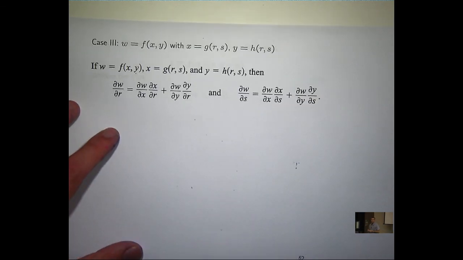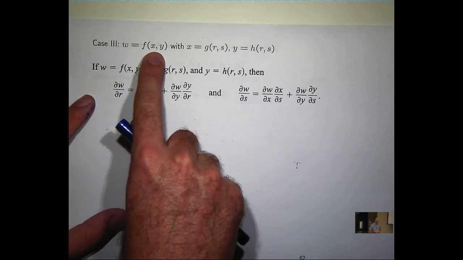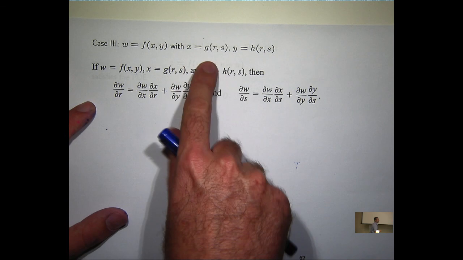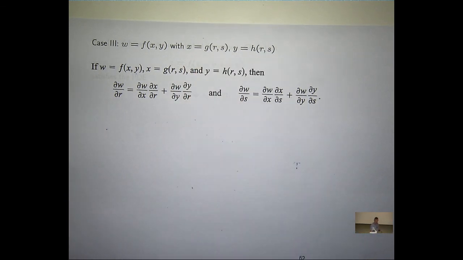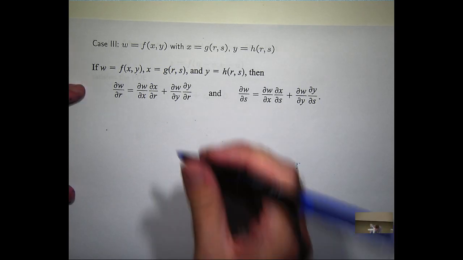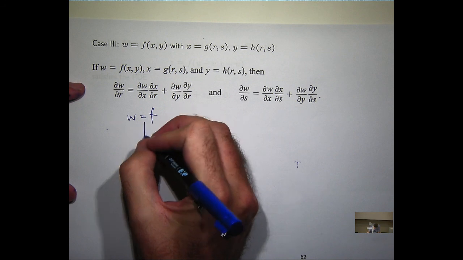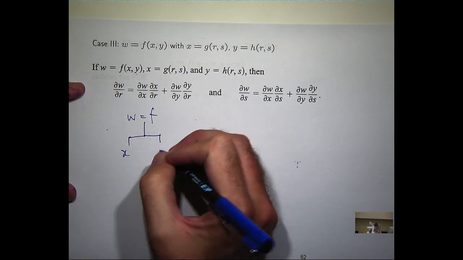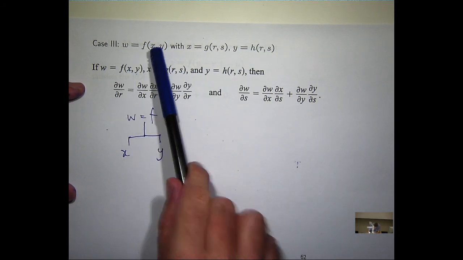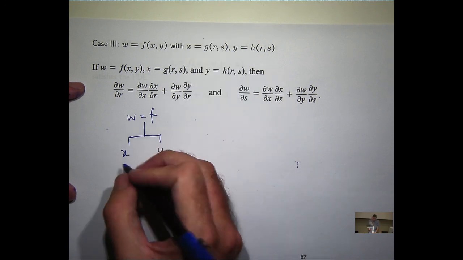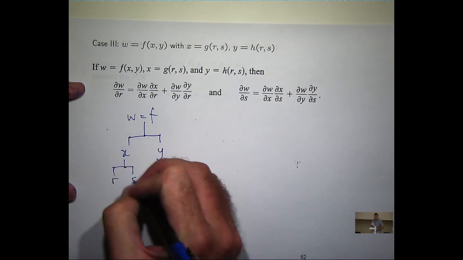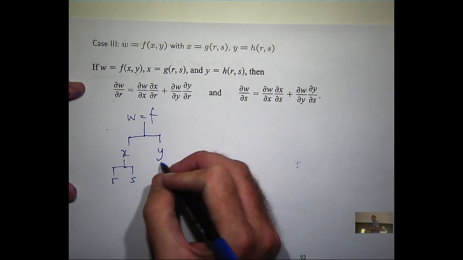All right, so now we've got a function of two variables where each of the variables is a function of two variables. Again, just draw the diagram. So f depends on two things, x and y. x depends on two things, r and s. y depends on two things, r and s.